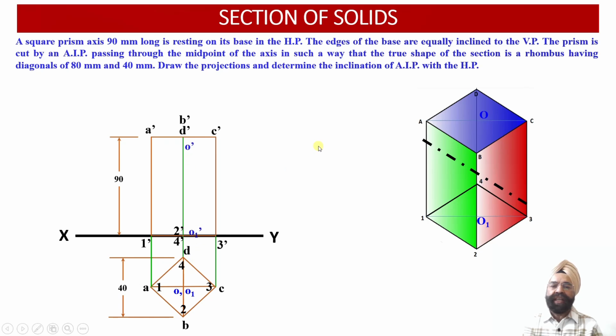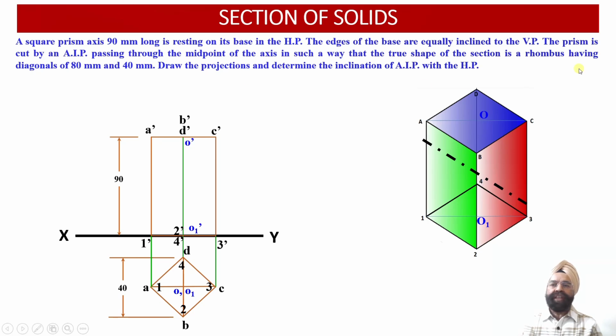Now let us locate the axis points. As we have discussed, point O is the axis point corresponding to the top face of the solid. We have got projections of point O projected as point O dash onto the top face into the front view projections over here. Similarly, point O1 dash happens to lie onto the XY reference line because point O1 is the axis point corresponding to the base of the square prism over here.